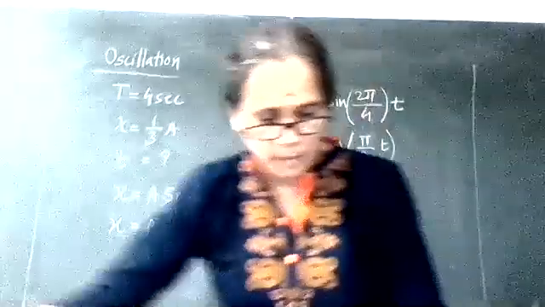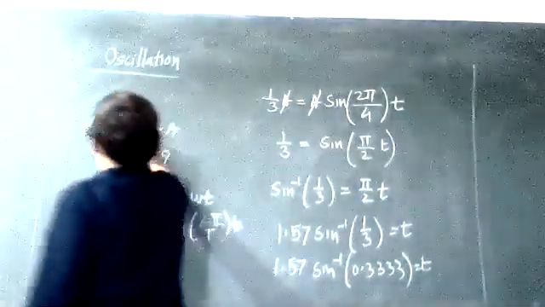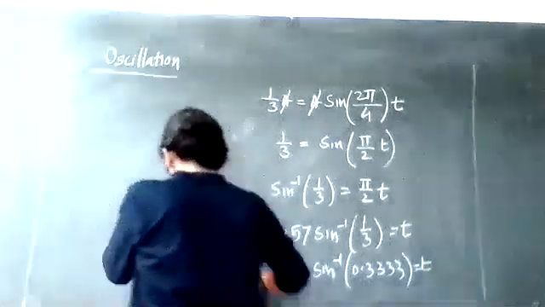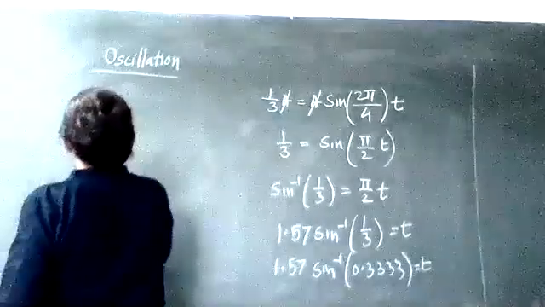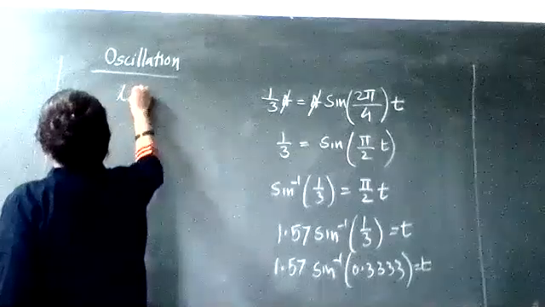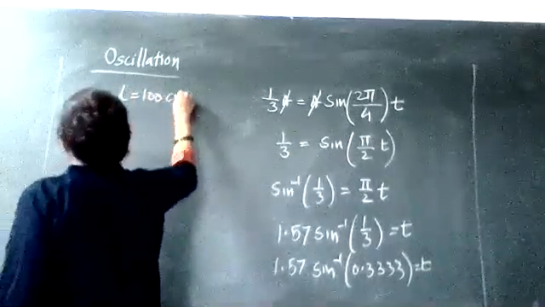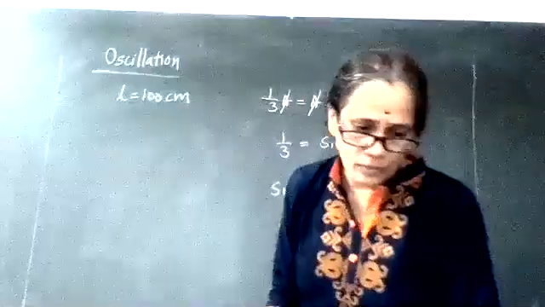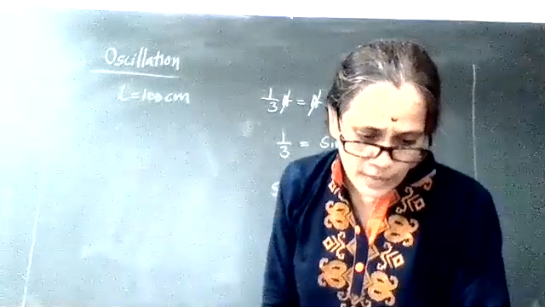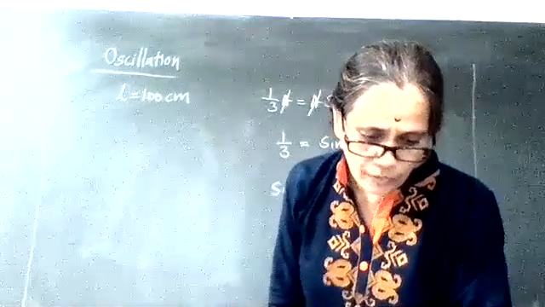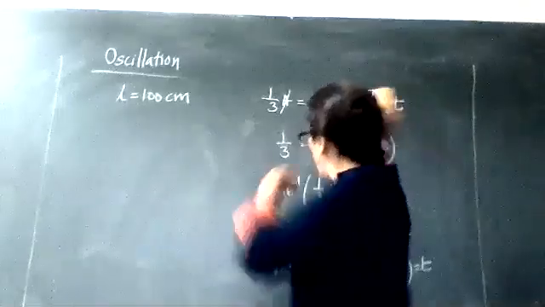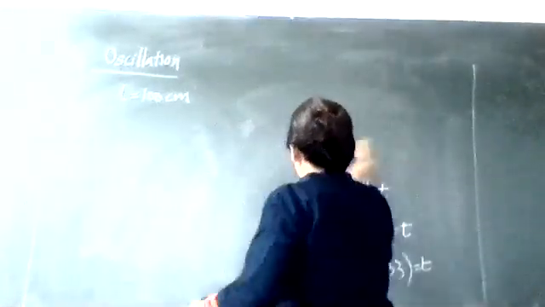In problem number 14, you are given a simple pendulum of length 100 centimeters. So the length of the simple pendulum L is given as 100 centimeters. This is given to you. It performs SHM. Find the restoring force acting on the bob of mass 50 gram.